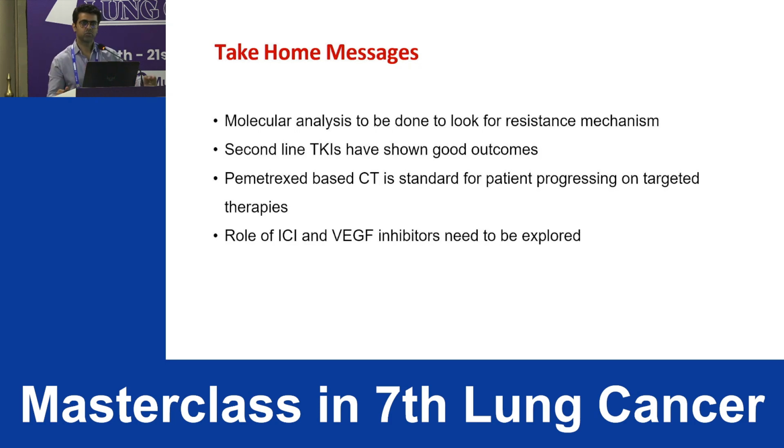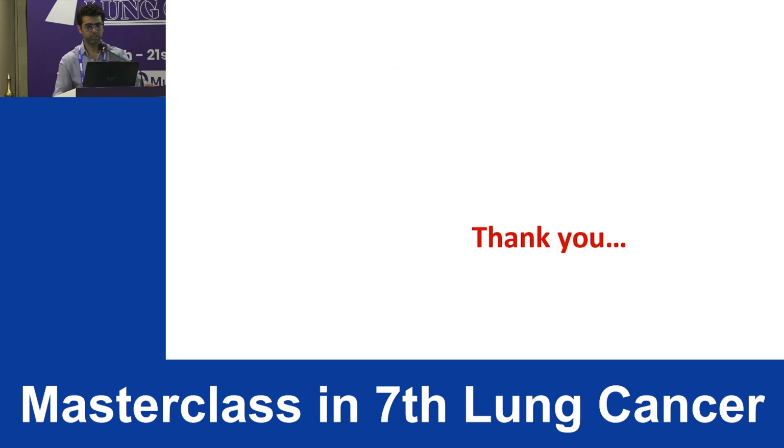If the patient has exhausted all the lines of targeted therapy in the first and second line settings, we have the chemotherapy option, and pemetrexed is the most important chemotherapy-based regimen that can be used and has shown benefit in these settings. The role of immune checkpoint inhibitors and VEGF inhibitors needs to be explored, and there are future trials coming up which are looking into this. So with this, I would like to conclude.